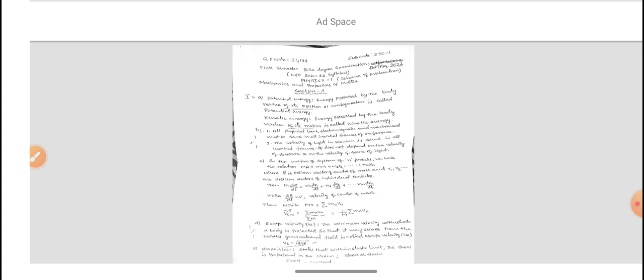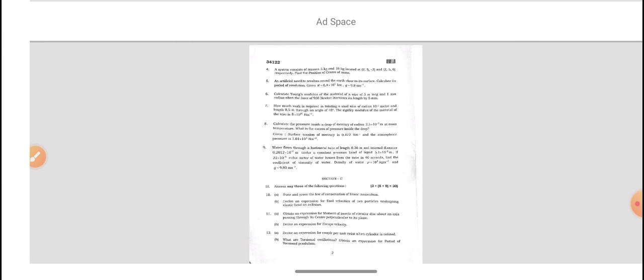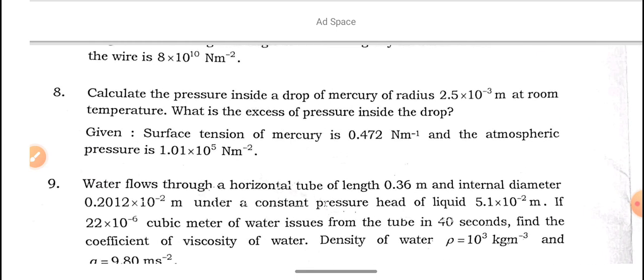Let's see the eighth one. Calculate the pressure inside a drop of mercury of radius 2.5 into 10 to the power of minus 3 meter at room temperature. What is the excess pressure inside the drop?